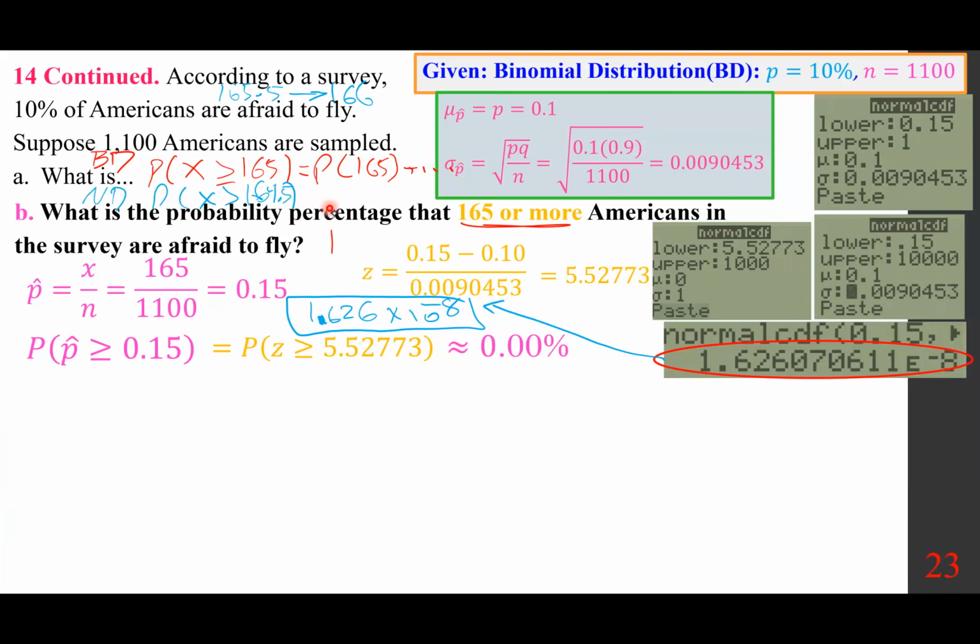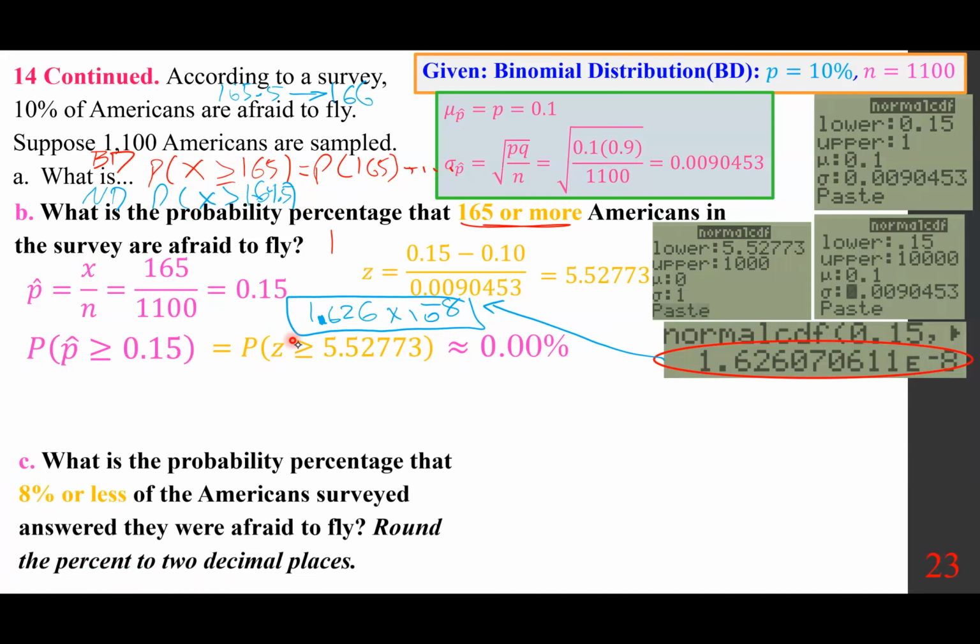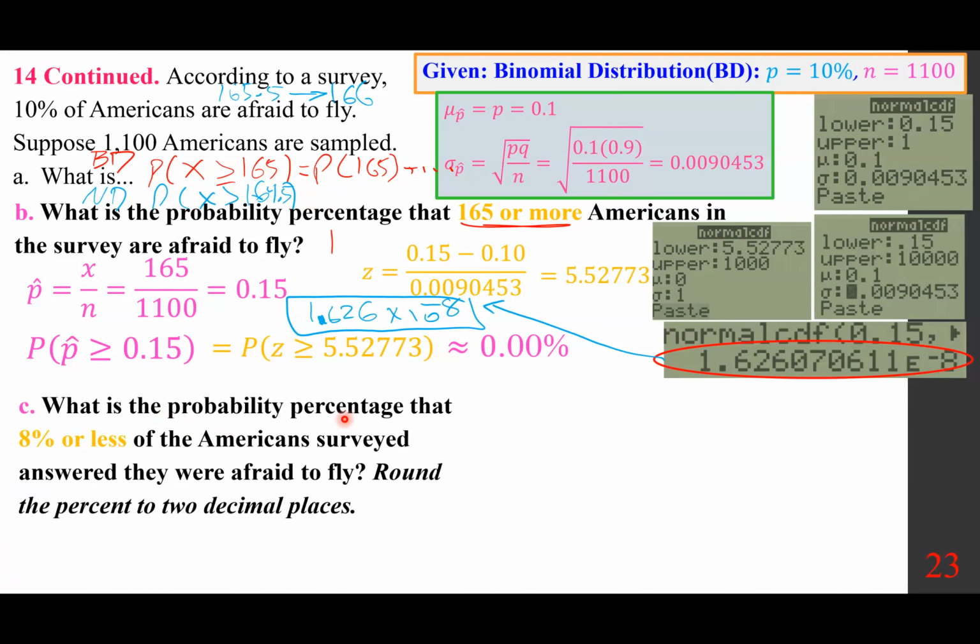Of course, you have to calculate the z-score as you did on the previous page. We have the mu and sigma for that as well. And finally, what is the probability percentage that 8% or less of the Americans surveyed answered they were afraid to fly? Round the percent to 2 decimals.